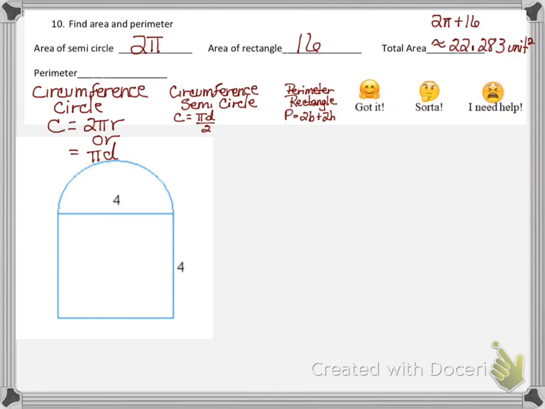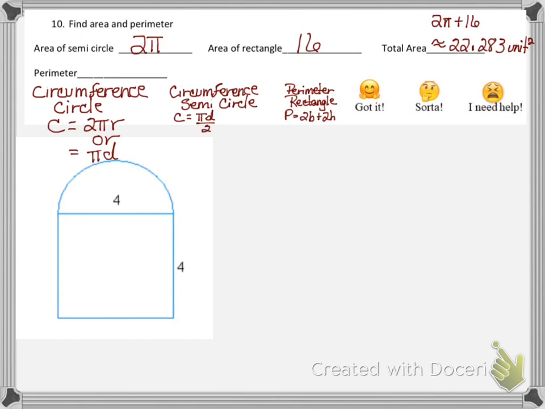So now we're going to figure out perimeter. One thing to remember about circumference and perimeter, they basically mean the same thing. If I'm trying to figure out the circumference of a circle, I am going along the edge of the circle. It's like you're making a circular fence. That is circumference, which is also perimeter.